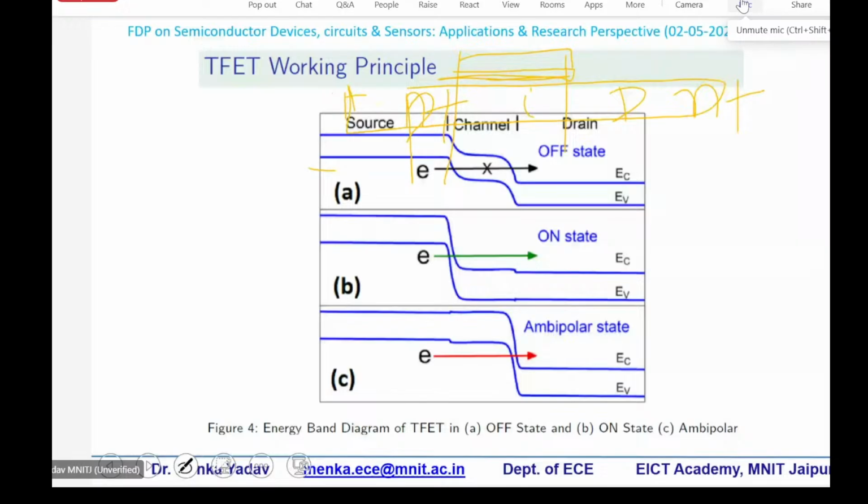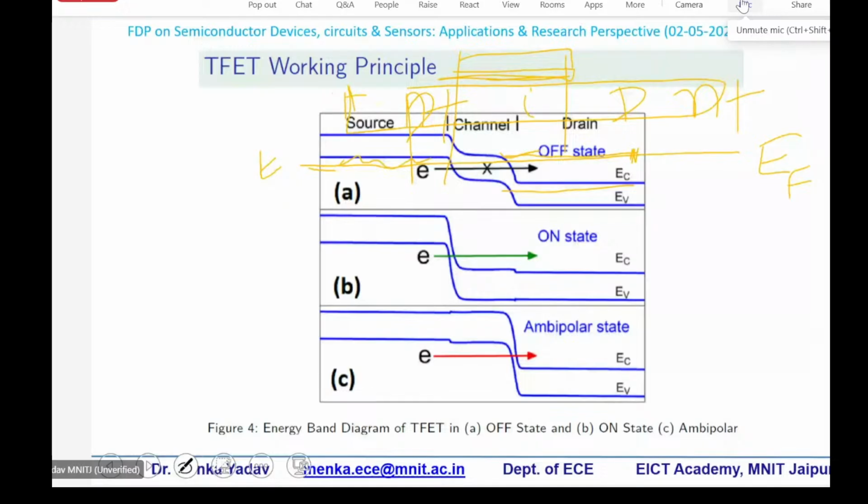This will be your steady state without giving any input to the drain. This is the Fermi level, so across all the materials your Fermi level is aligned. The source was degenerately doped, so your EF is inside your valence band.